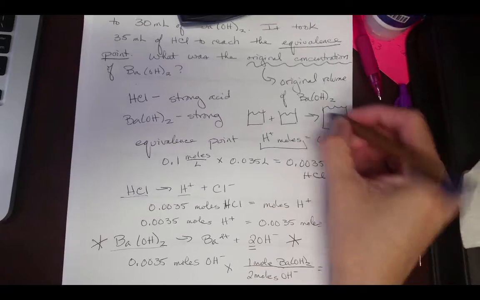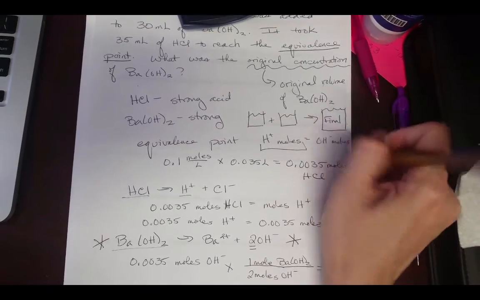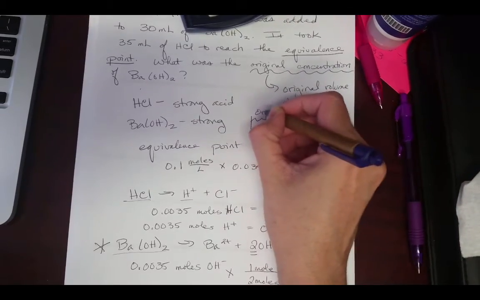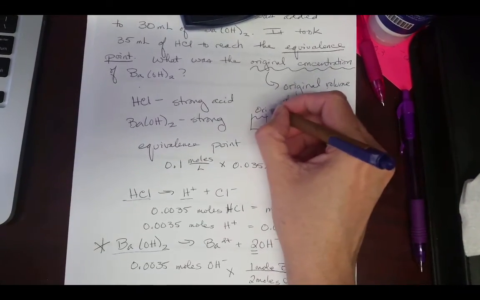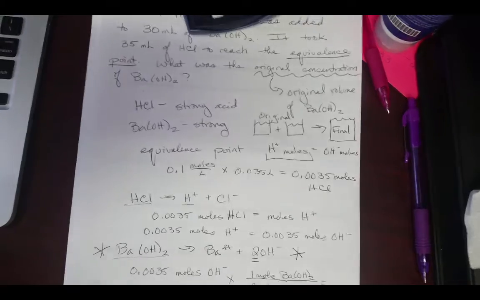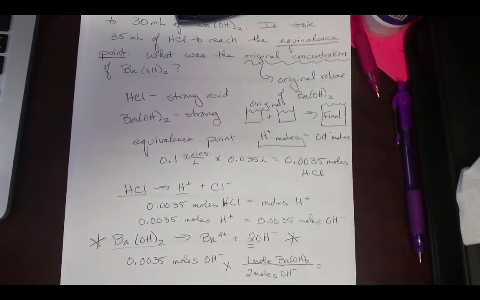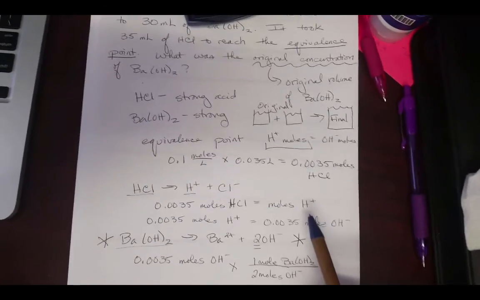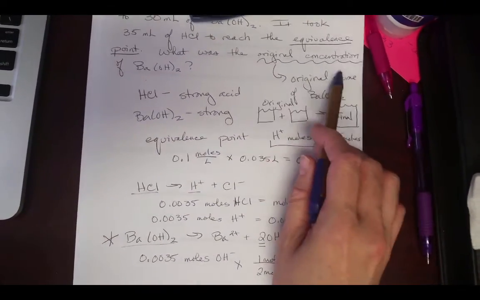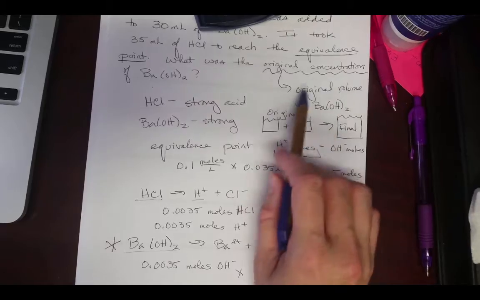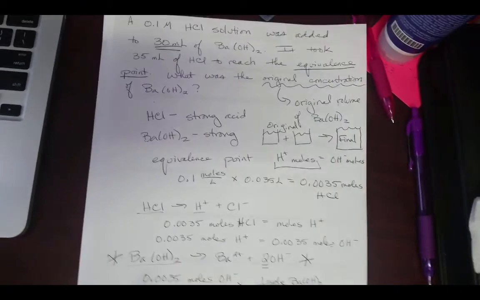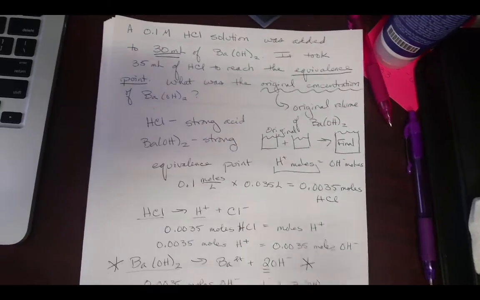But so oftentimes we ask you guys about the final conditions, but we can ask you about one of the original. So this is where you can't just run on autopilot and assume that all those words in the problem are just worthless. Nope, you actually need all those little words. So original concentration means we need the original volume, and there it is, 30 milliliters, way up at the top, 30 milliliters of barium hydroxide.